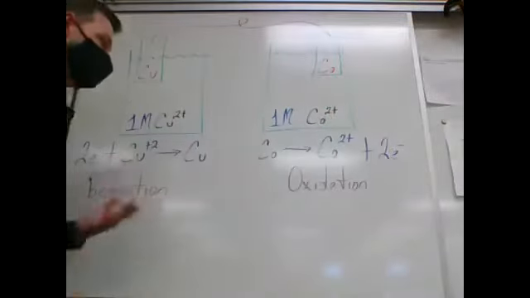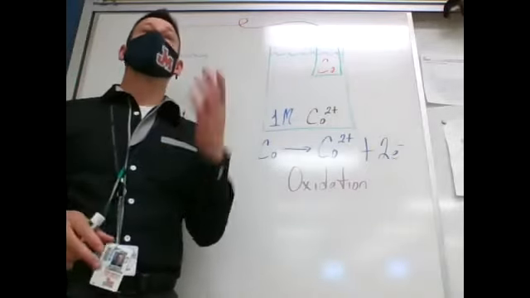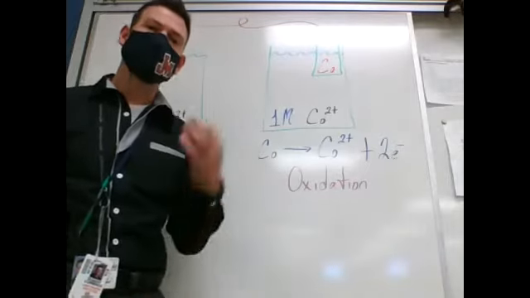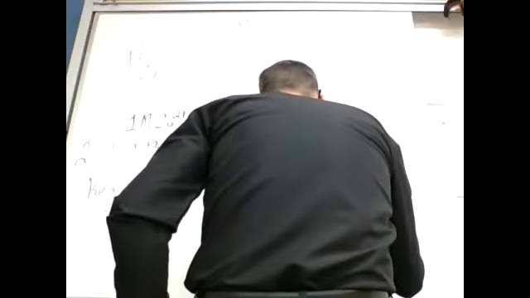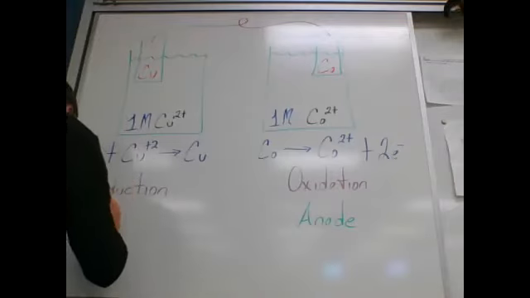The way that I remember it is that the vowels line up. Whichever side is being oxidized is the side that's the anode. Both of them start with a vowel. Therefore, reduction happens at the cathode.